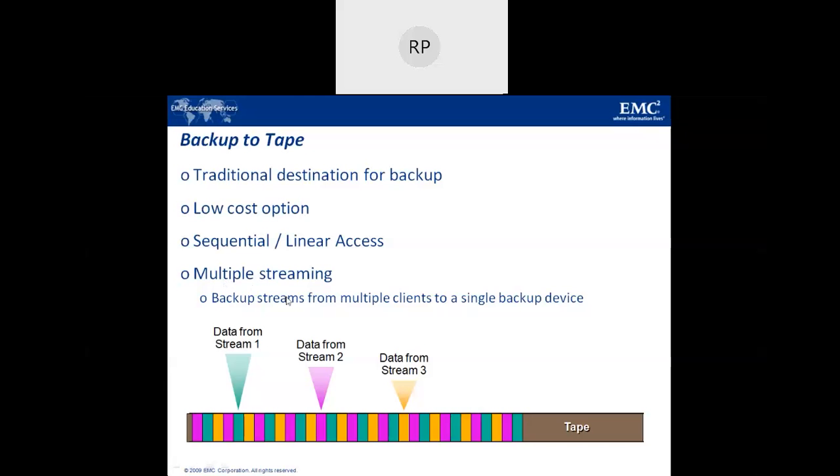Backup streams from multiple clients to a single backup device is possible. Here, this color indicates the data from stream 1, this purple color indicates the data from stream 2, and yellow color indicates the data from stream 3.